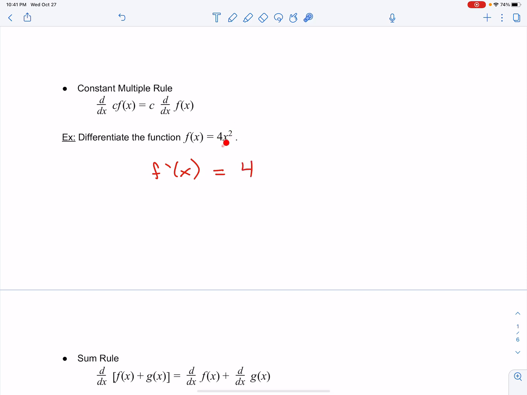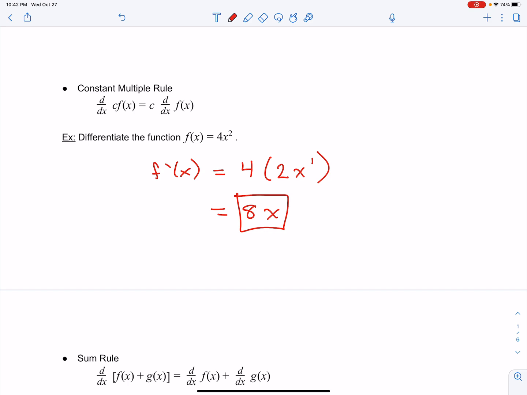X squared we'll just use the power rule on. So we'd bring our 2 up front. We have our x. 2 minus 1 would be 1. So this becomes 4 times 2x to the first, or 8x to the first, or just 8x for our derivative.